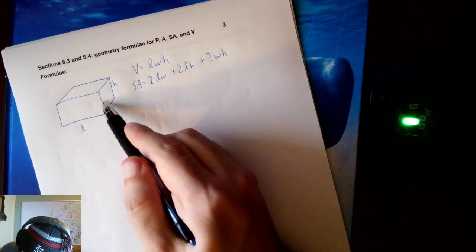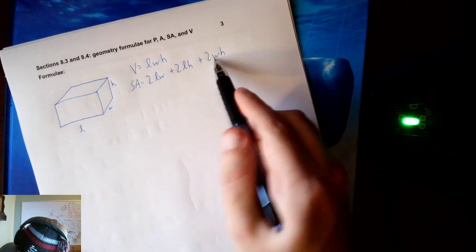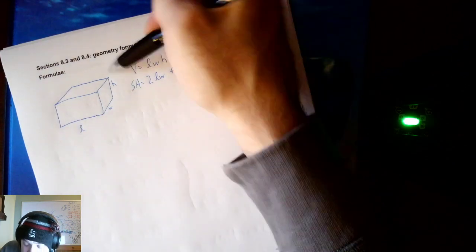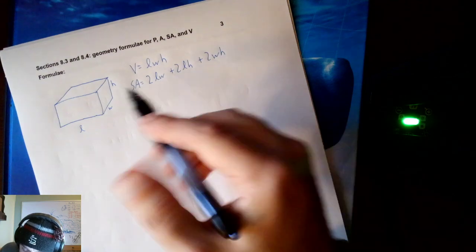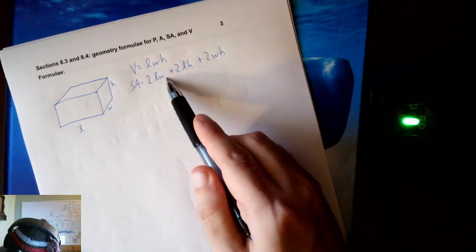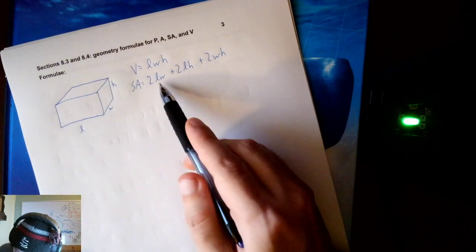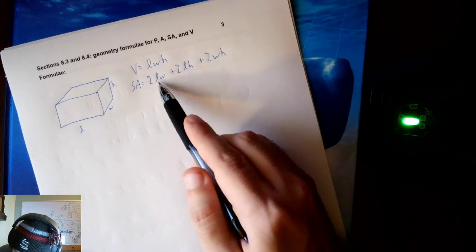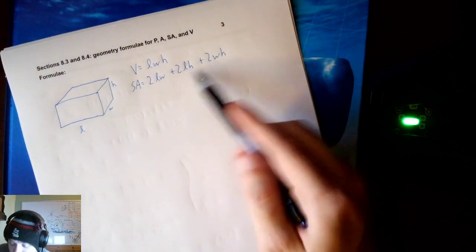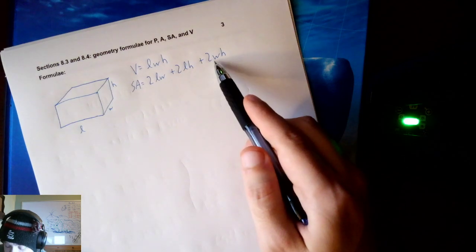It's length times height, and the back side also has that same area. Length times width would be the top and the bottom, and width times height would be the left and right sides. So this covers the top and bottom, this covers the front and back, and this covers the left and right sides. And that gives you the surface area.